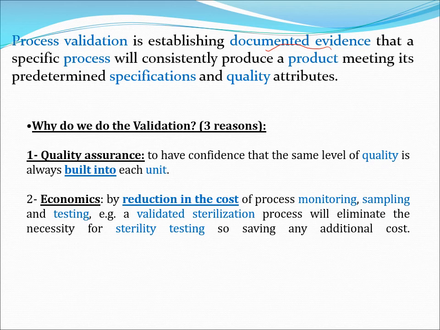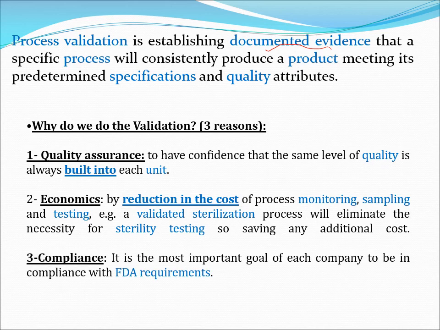So you are reducing the number of tests and the sample size, and this will save time and effort. The third aim of validation is compliance. To be compliant with FDA requirements and GMP guidelines, you have to have validation in your pharmaceutical plant.